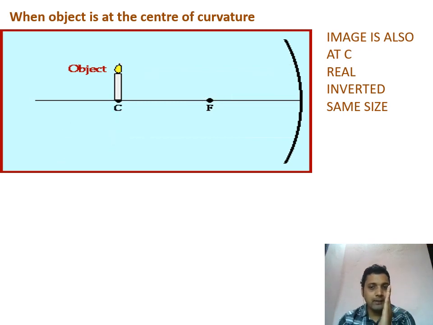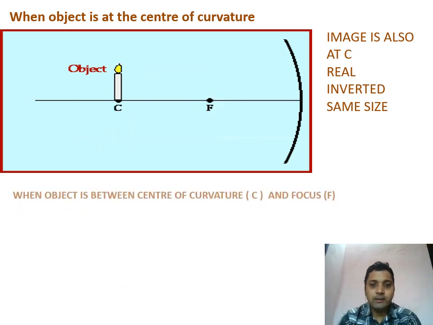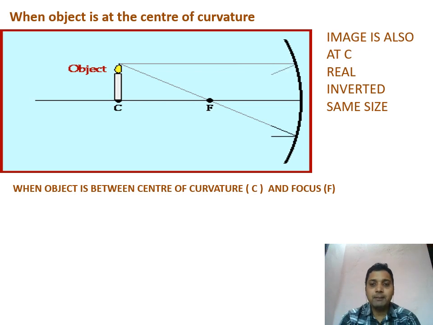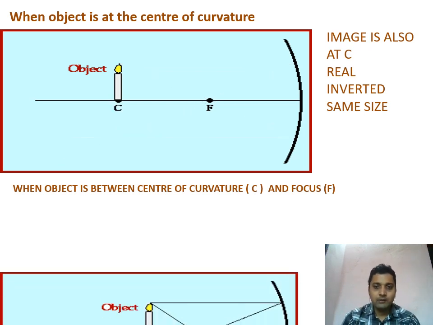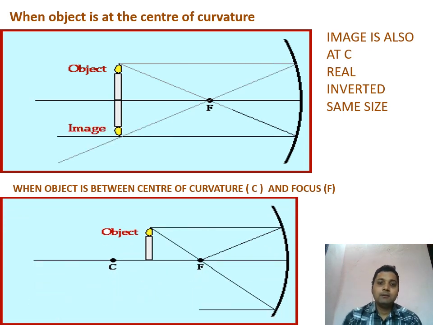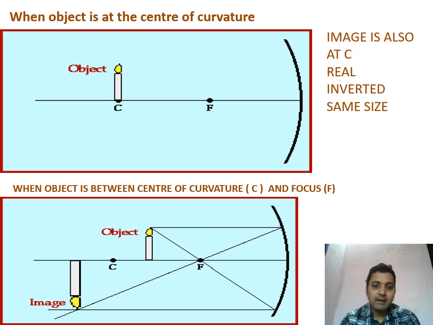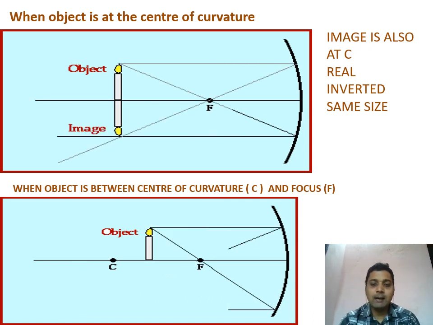Now the object will be brought a little bit nearer, between F and C. When the object is between F and C, the center of curvature and focus, let's look at what changes we get. Here, a ray of light parallel to the principal axis passes through focus, and a ray of light passing through focus becomes parallel to the principal axis after reflection.